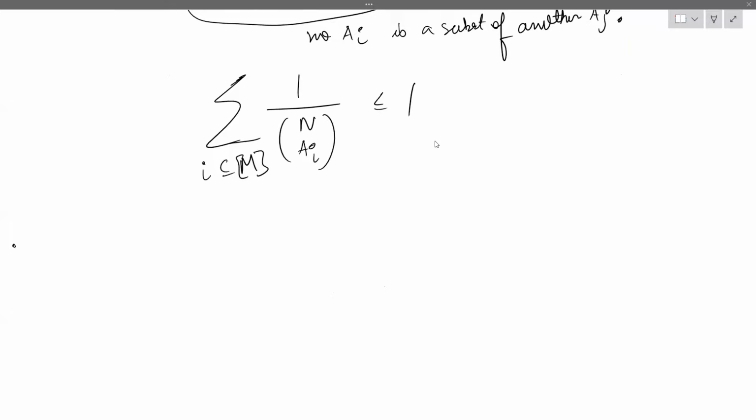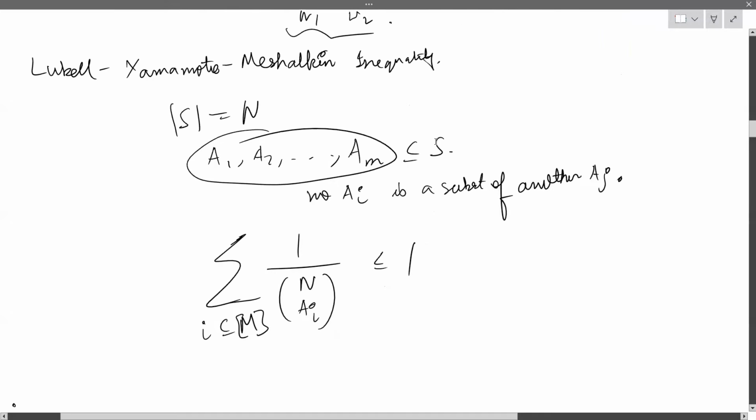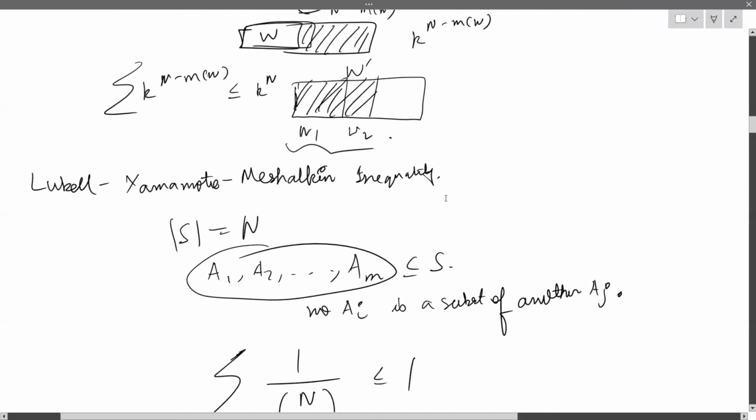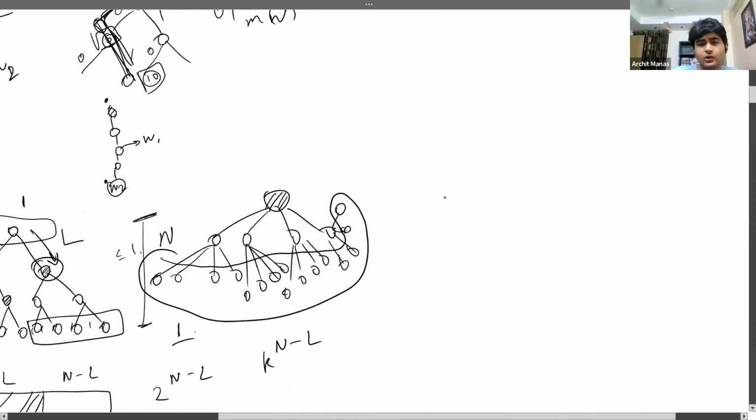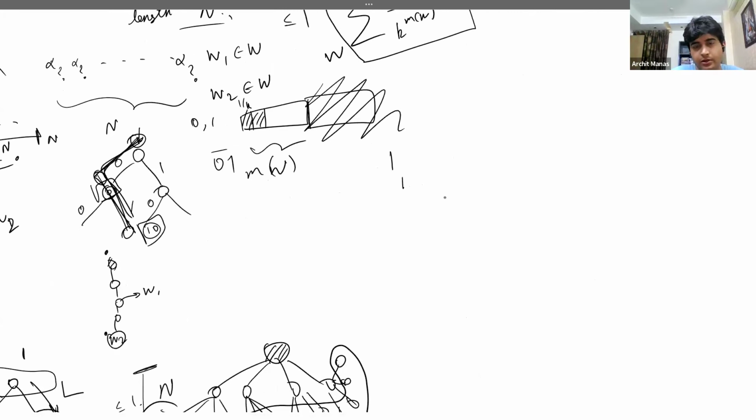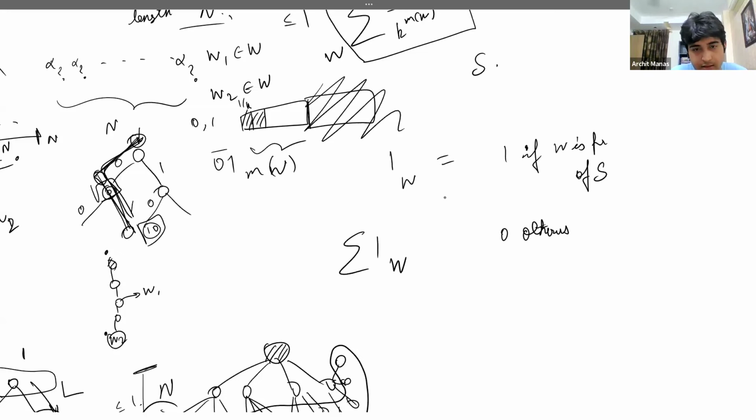I'm sorry, but how do you just do the expected value argument? The expected value argument is essentially, you look at this event 1W defined as this random variable. Let's say the randomly generated word is S, right? And then 1W is just 1 if W is a prefix of S and 0 otherwise, right? And what you do is you estimate this. Okay.